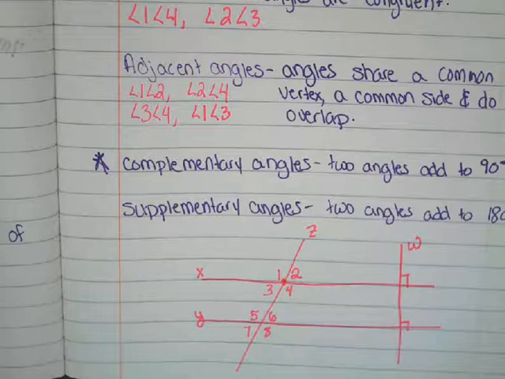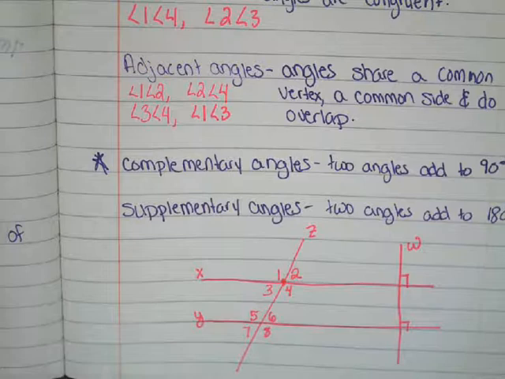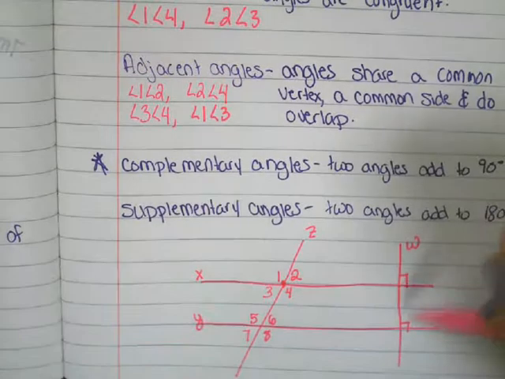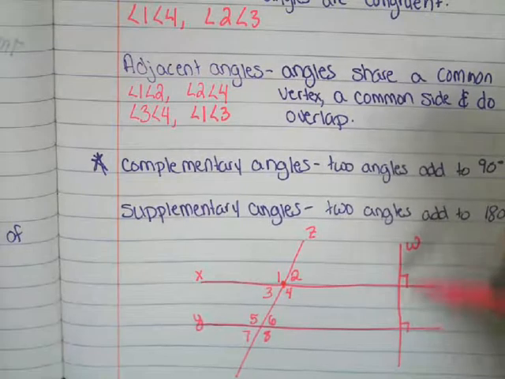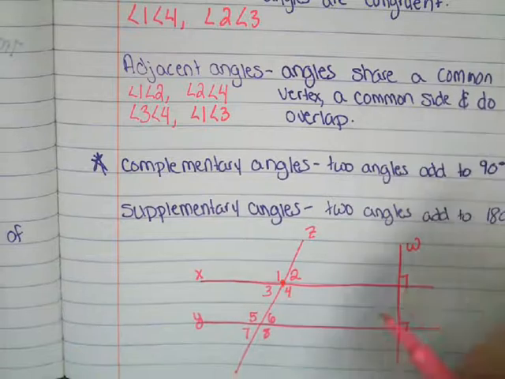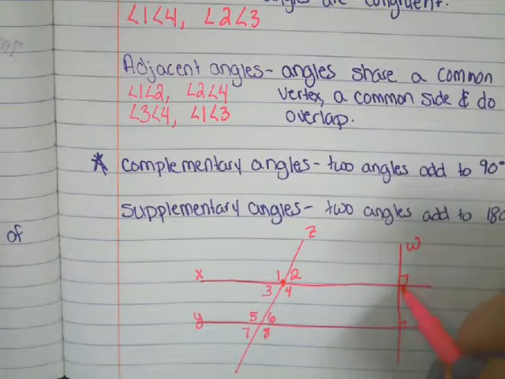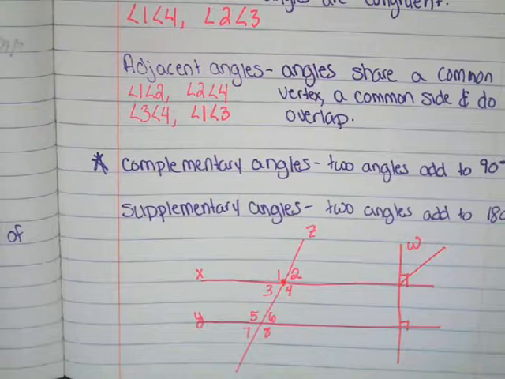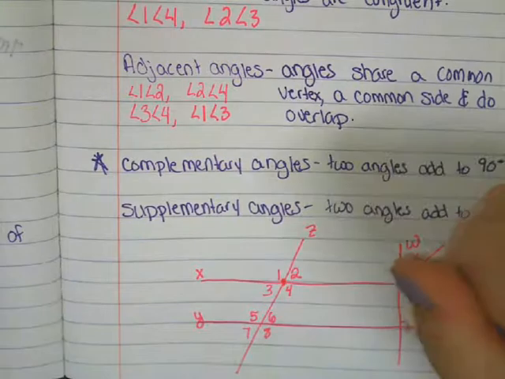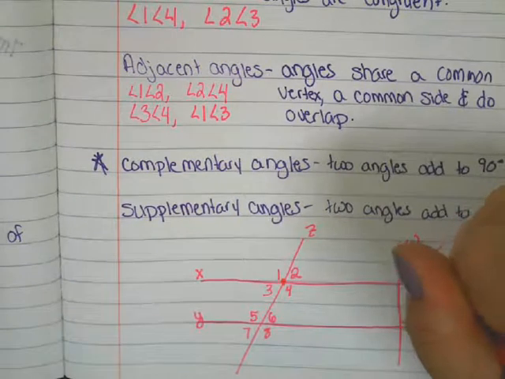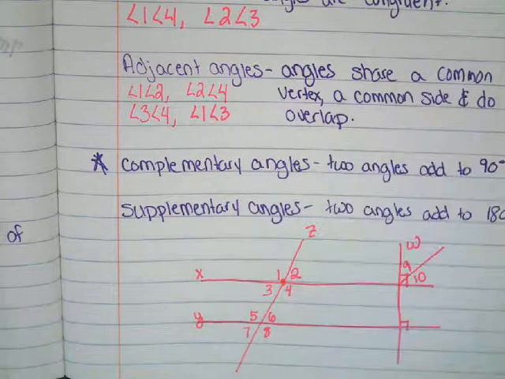So what I could do is I could take and draw another line from there, and I could call this one angle 9 and that one angle 10. Do you agree now that angles 9 and 10 will add up to 90? Yeah, because I took a 90-degree angle and I'm cutting it apart. But I'm not taking anything else out of it, so complementary would be angle 9 and angle 10.